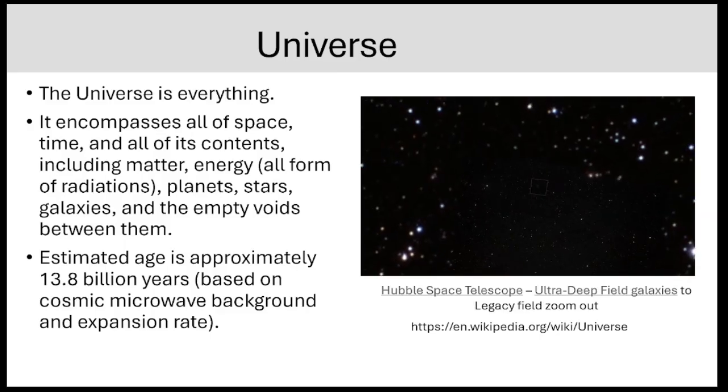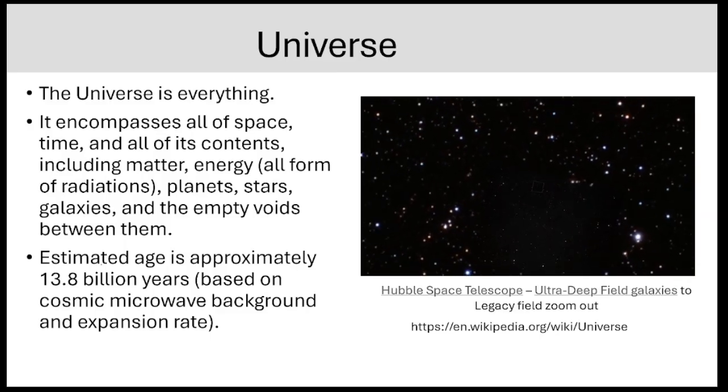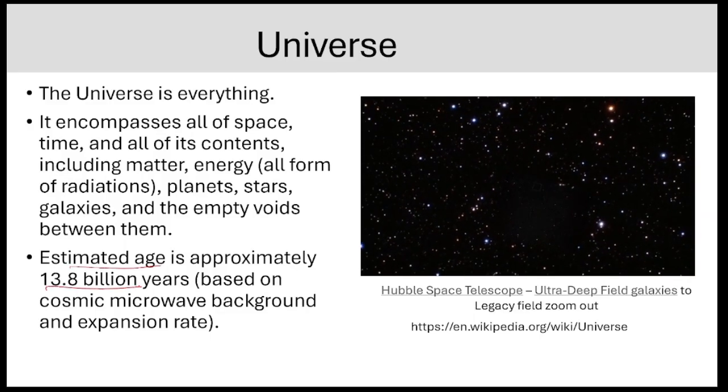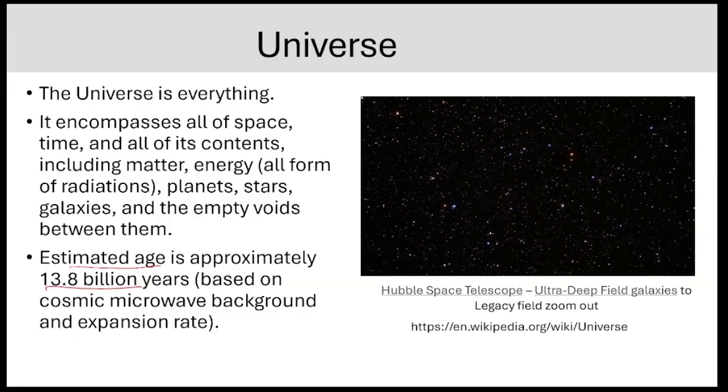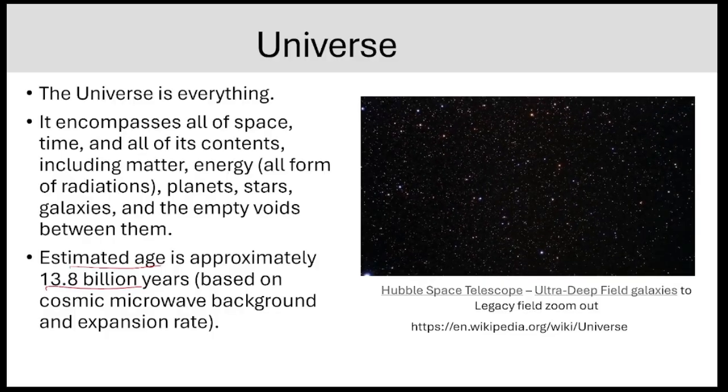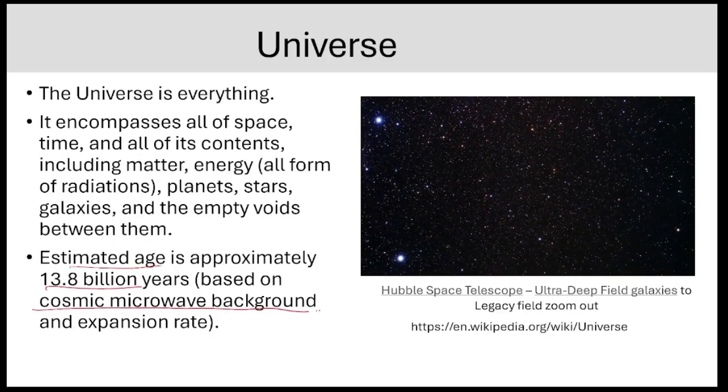The age of the universe is estimated to be 13.8 billion years, and this estimation is based on evidence from the cosmic microwave background radiation present in the universe, as well as the expansion rate of the galaxies.